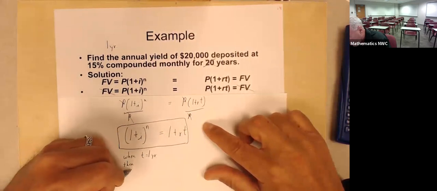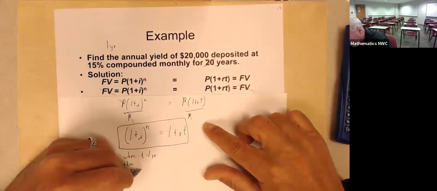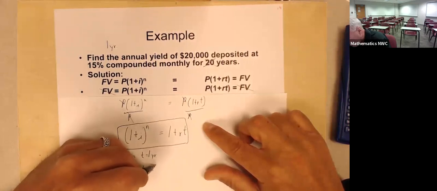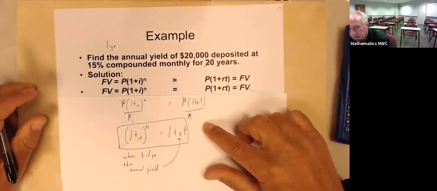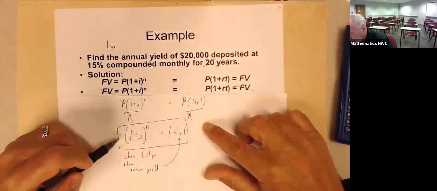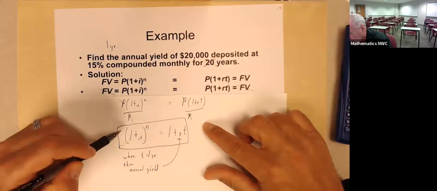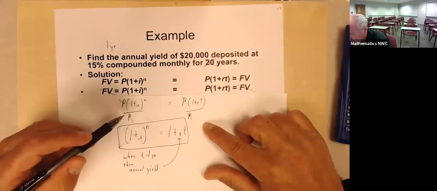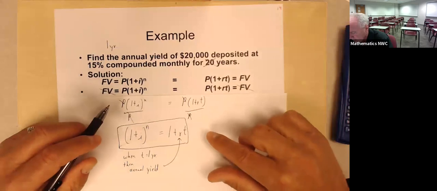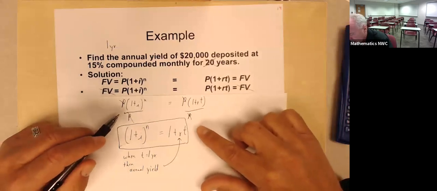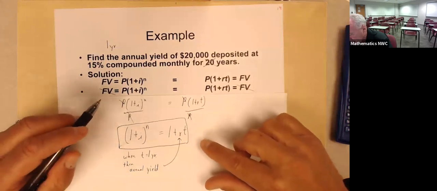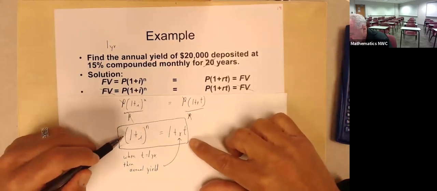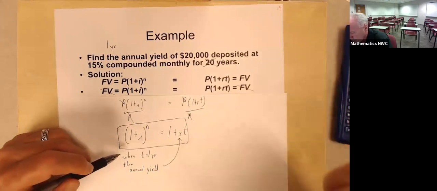Then my annual yield is going to be that R. Pause it, copy all of this down, rewind it, try to listen to that again, okay? I'm going to take this formula and rewrite it here for this problem. So pause it, copy it down, and then listen to it again.